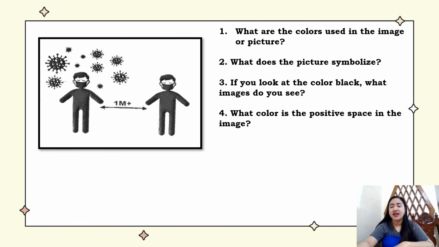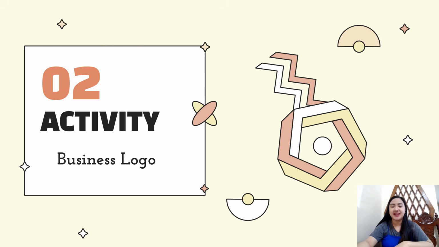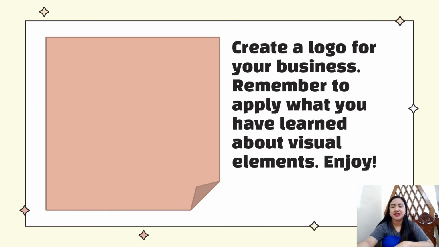What color is the positive space in the image? What values are suggested by the image? Let's proceed to the next activity, which is business logo. Imagine that you already have your own business. Create a logo for your business. Remember to apply what you have learned about visual elements. Enjoy!